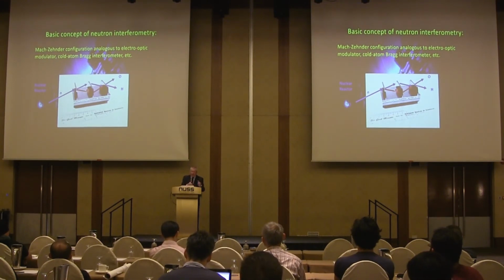So actually, in atom interferometry using Bragg pulses, you do very similar things. Then there's a second beam splitter here, which actually acts as a mirror. So the neutron on this path, a part of it will be transmitted through this blade and so lost to the interferometry process. But then another part is Bragg reflected. And similarly, for this path, part of it will be lost to interferometry, the other will be Bragg reflected.